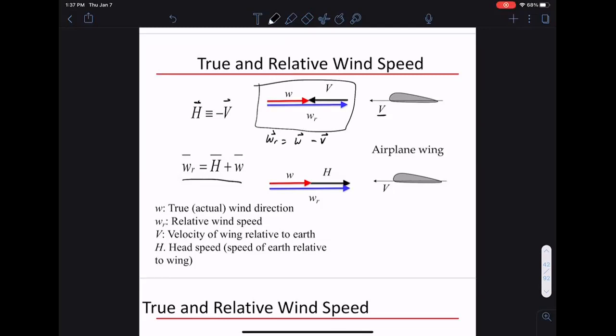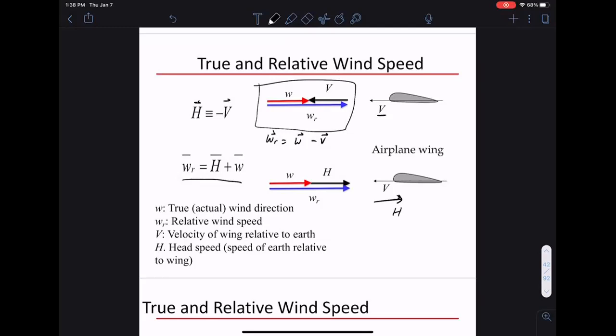But this minus sign is a little bit difficult to use. By convention, we want things to be positive. We want to add things. So we create this variable H, the head speed, as negative V, so we can add them. The relative speed is the speed of wind plus H, instead of minus V. This is the convention we use.